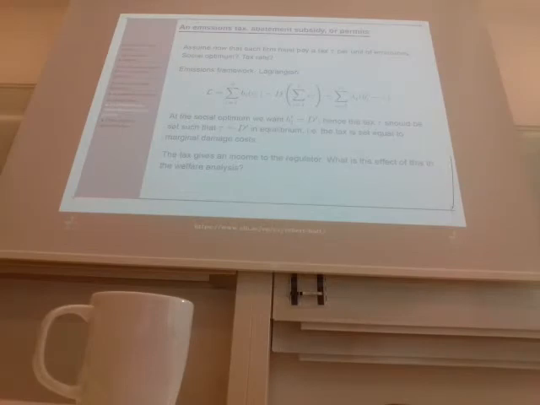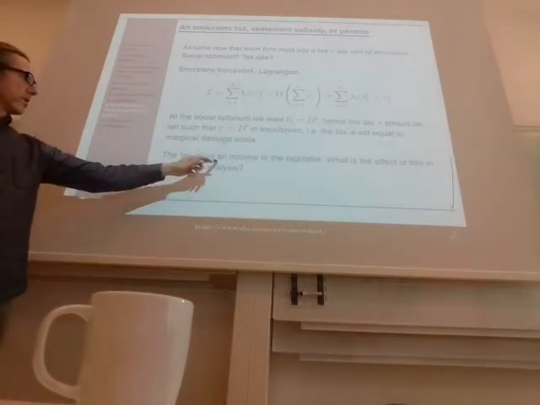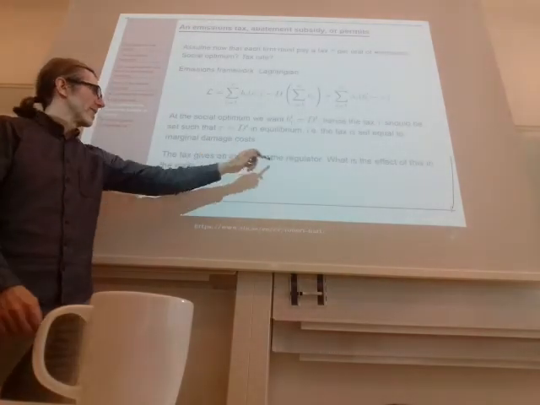It can get more complicated than that when you start thinking seriously about how many firms there are in the market. So imagine you said, the tax gives an income to the regulator.